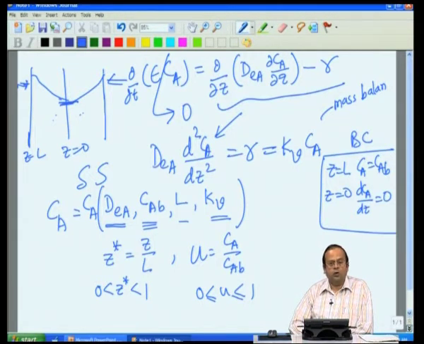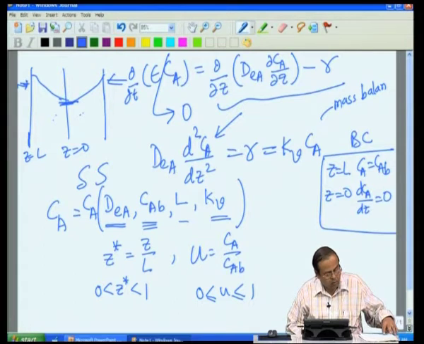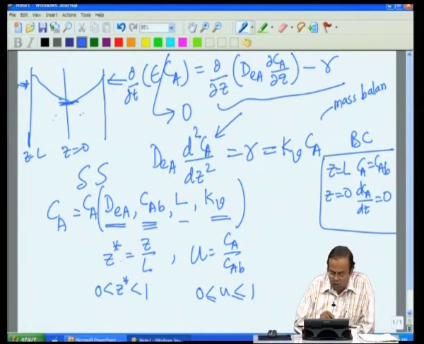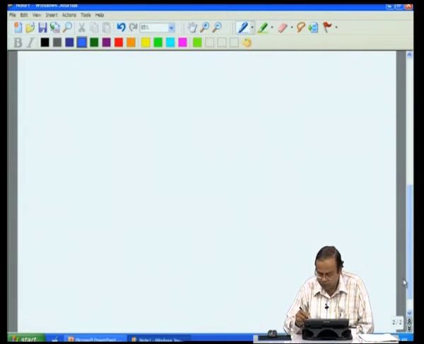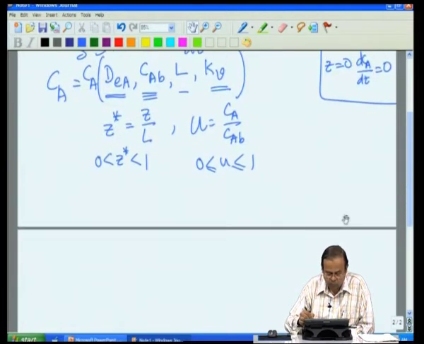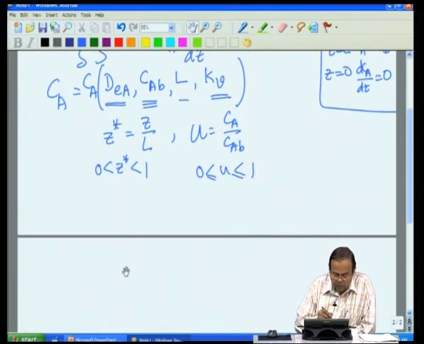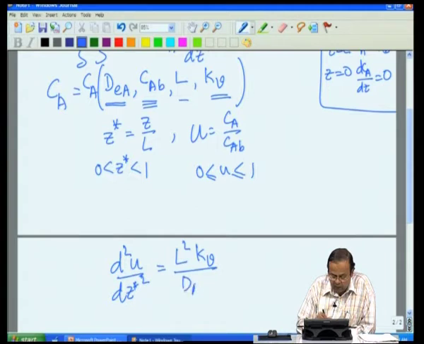Now, if you substitute this z star and U into our mass balance equation, we actually get our mass balance equation in the following form: d square U by dz star square is equal to L square kV divided by dAe into U.